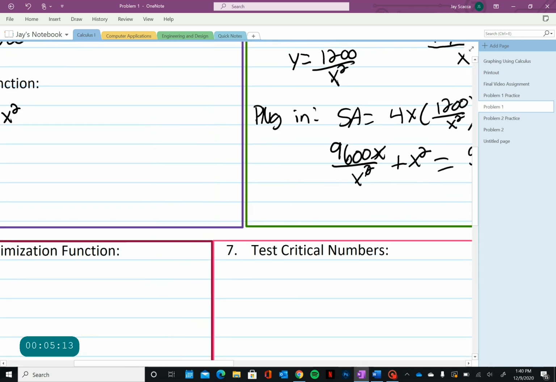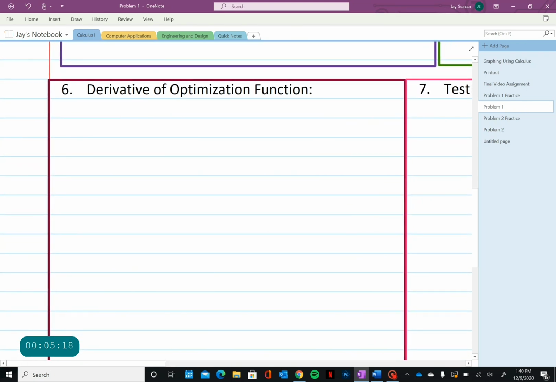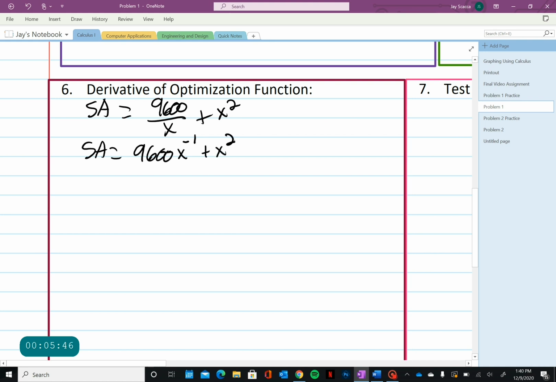So then we can find the derivative of the optimization function. So let me just rewrite the optimization function. And to take the derivative, it will be easier if we rewrite it with no denominators. So we could bring the x to the top by raising it to the -1 power.